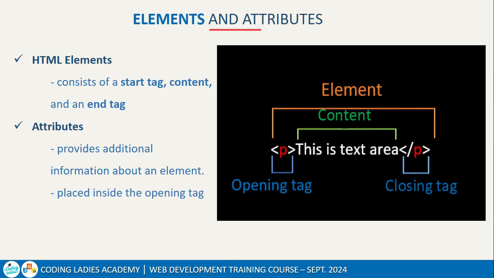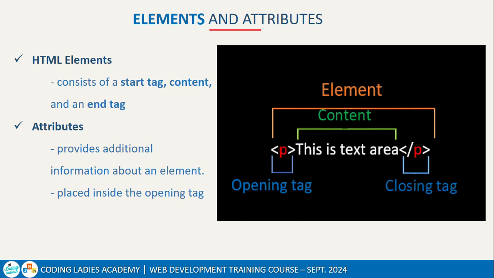So some of the attributes can be ID, class. If it is an image, you can have the SRC for the source of the image. You can have the ALT, that is alternative, which can be a description or a name for the image that you picked. You can also have width, to specify the width of the image, and others.